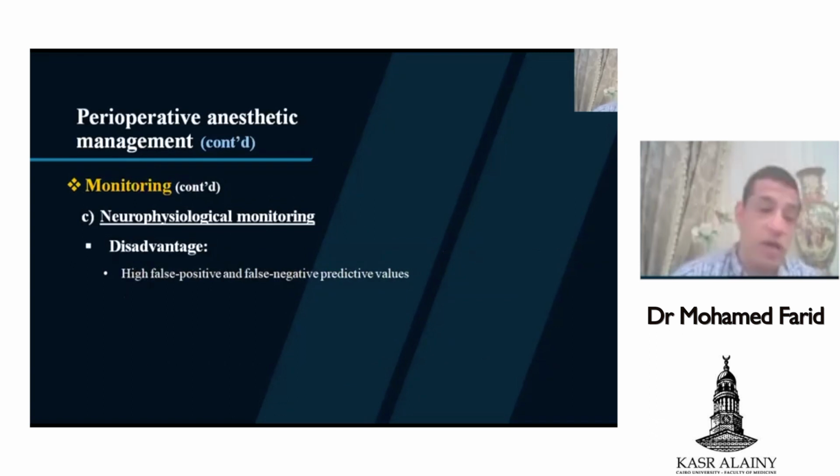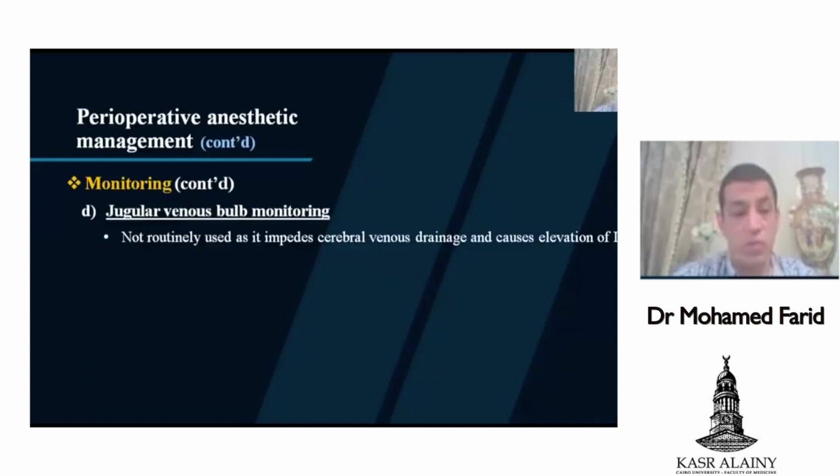However, neurophysiological monitoring has high false positive and false negative predictive value. Jugular venous bulb monitoring, not routinely used as it impedes cerebral venous drainage and causes elevation of ICP.